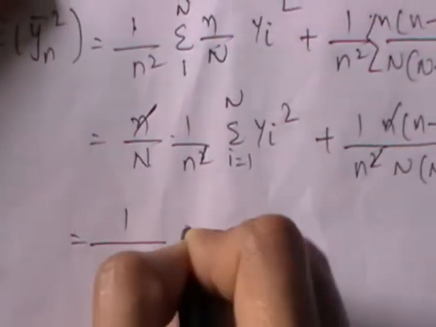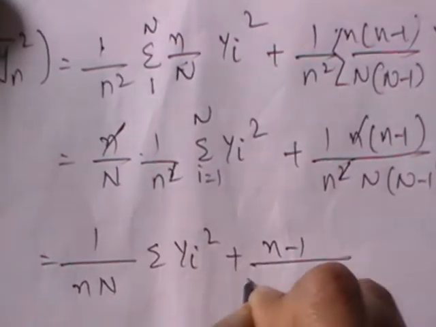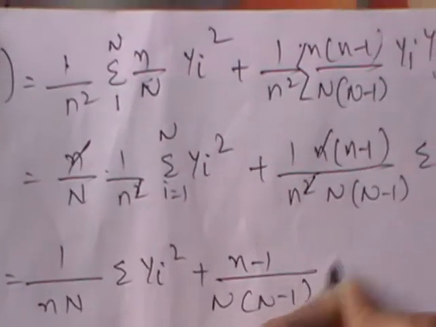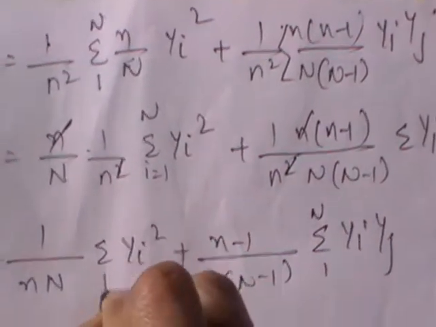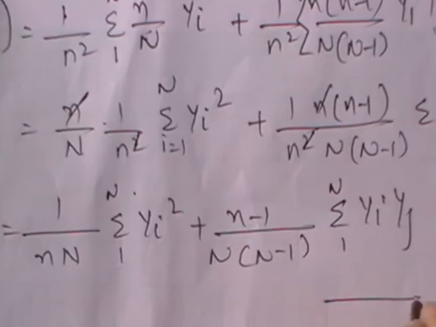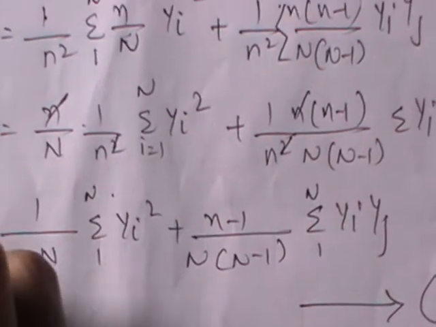We can take n by N out of the sigma as it is independent of i. Then n and n cancel. You will get 1 by nN sigma yi square plus n minus 1 by n into N minus 1 into N sigma yi yj, also from 1 to capital N. Let us give this as equation number 2.